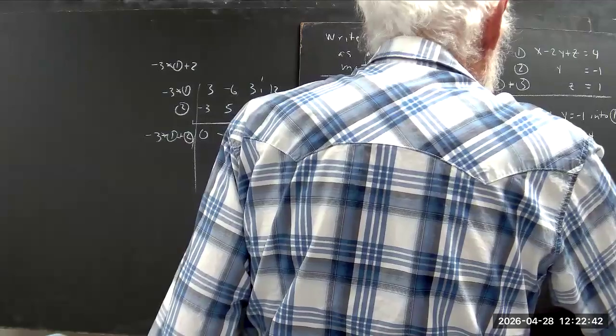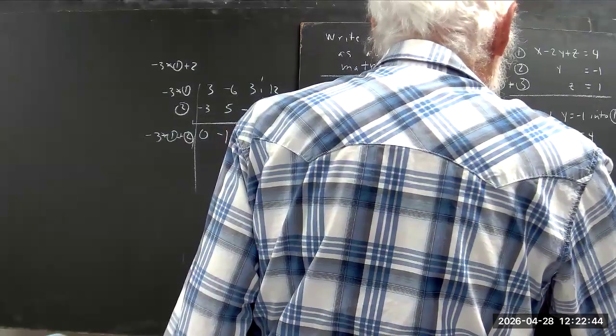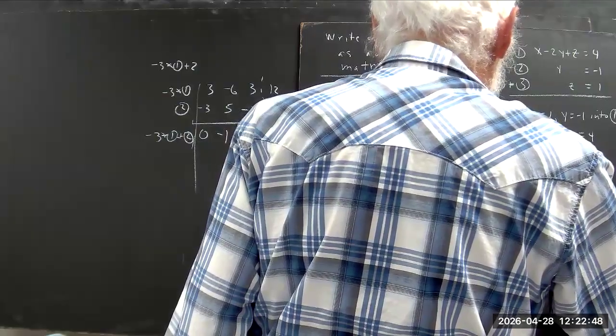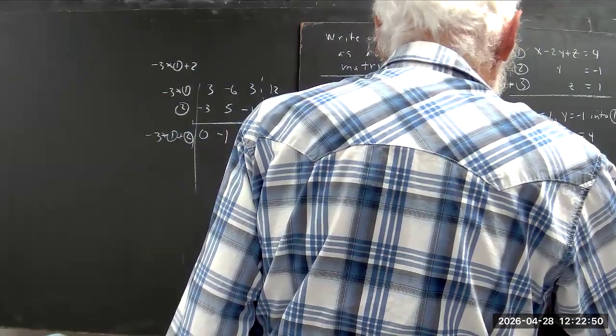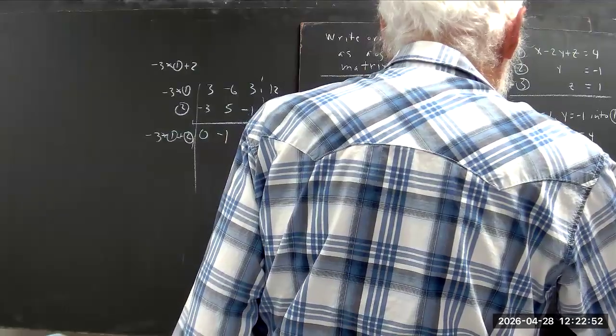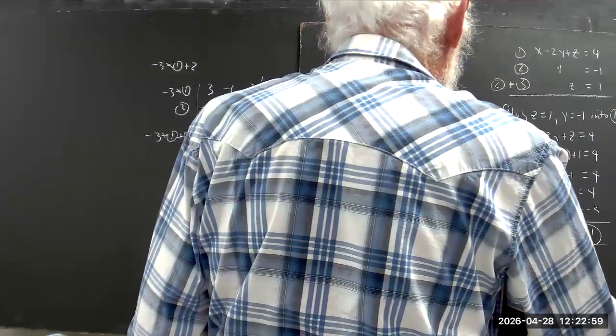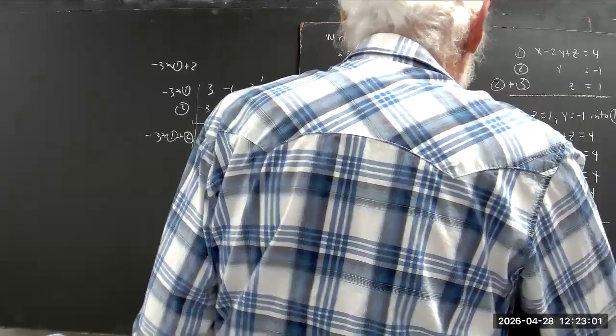Okay. This matrix then is going to be row 1, row 2, and row 2 plus row 3. Okay, row 1 is still 1, -2, 1, 4.